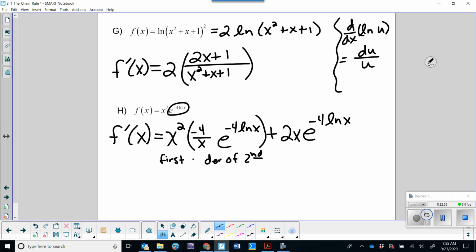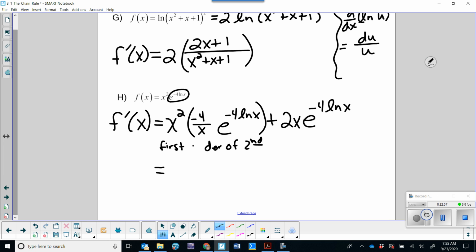Now I do still have a little bit of cleaning up to do, so it wouldn't have really mattered on that second term, but I want to distribute this x squared times that. So that's going to give me negative 4x, because I have x squared on top, x on bottom, e to the negative 4 ln of x plus 2x e to the negative 4 ln of x. And I would just leave my answer exactly like that.